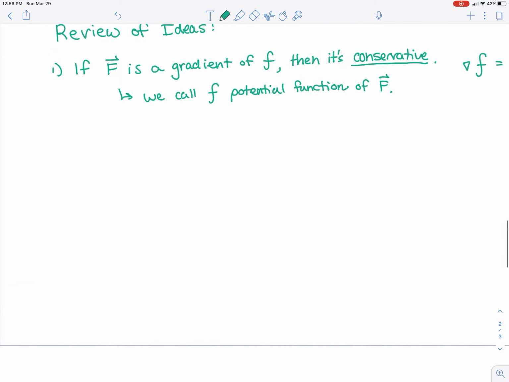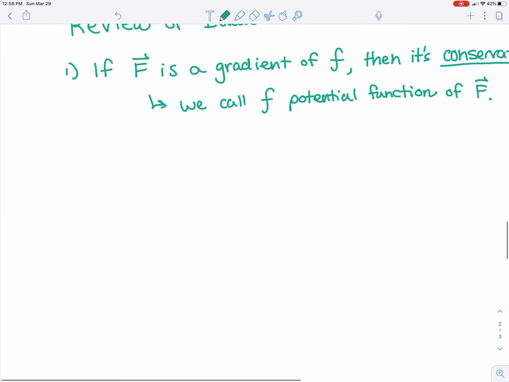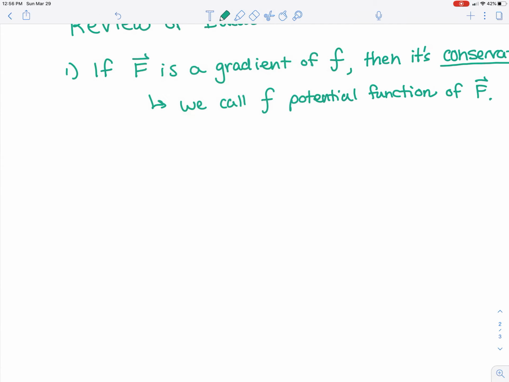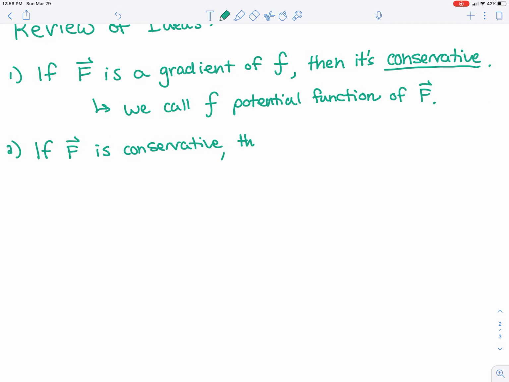And so if f is the gradient, it is conservative, and in that case, it would imply that it's path independent.